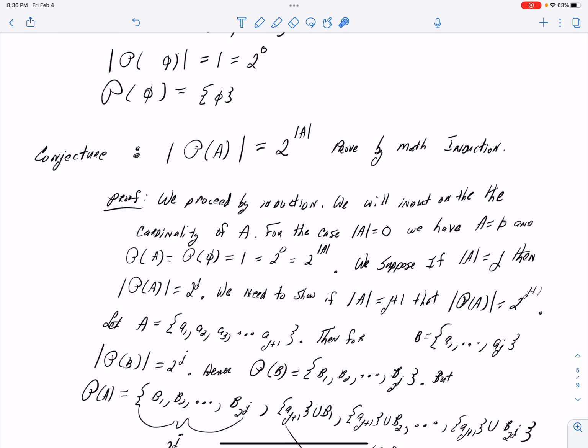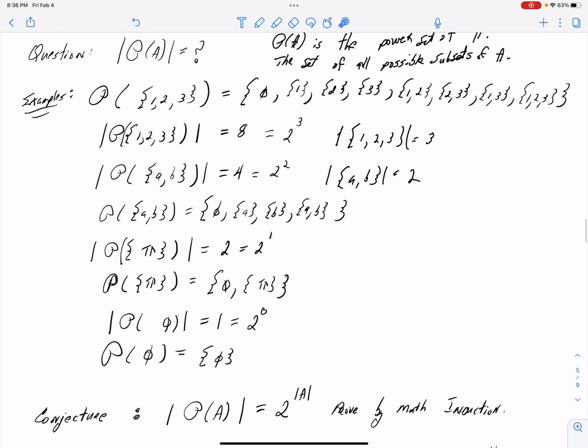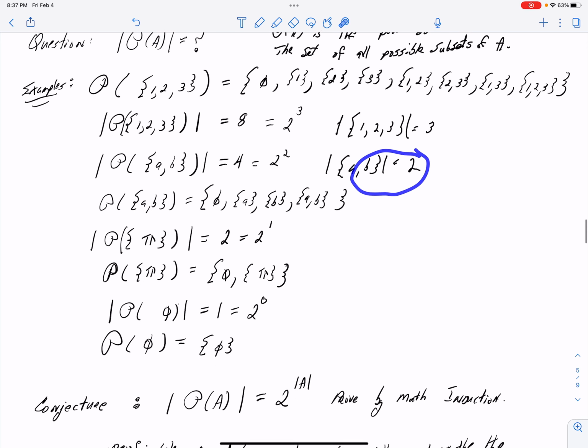These examples lead me to the following conjecture, that the cardinality of the power set is always 2 to the power of the cardinality of the original set. Notice in the above cases, it always worked out. 2 cubed, the original set had 3 things. 2 squared, the original set had 2 things.